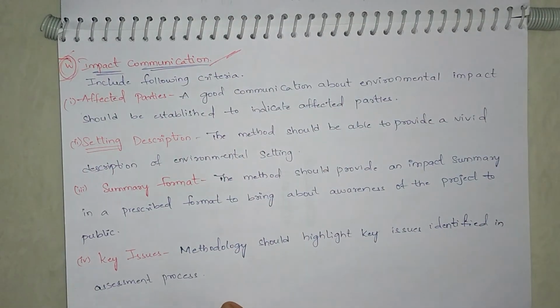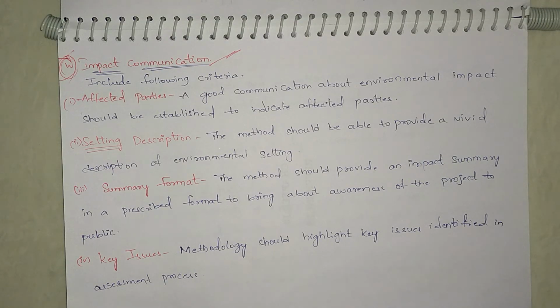That means whether while choosing the methodology or after choosing it, whichever parties will be affected, whoever the people will be affected, how the description should go, whatever the summary format, that means the complete summary of the project or of the methodology, and what the key issues are should be considered. So it's like you are delivering your complete process to the people.